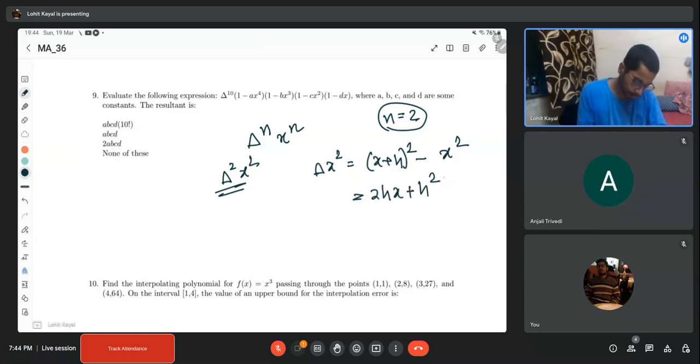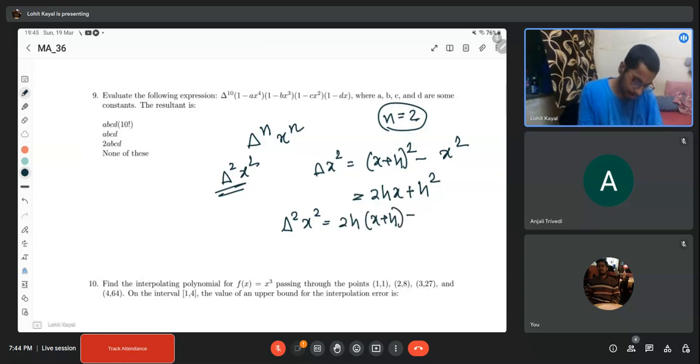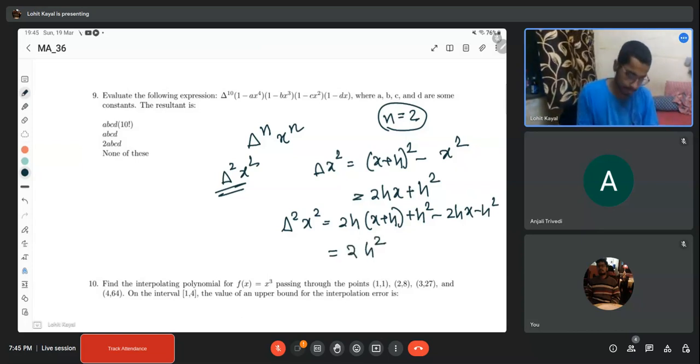So now delta square of x square. Here h will be added with x. The 2h times x plus h plus h square minus 2hx minus h square. So this term will be 2 times h square. If we do the calculation, I will get this.